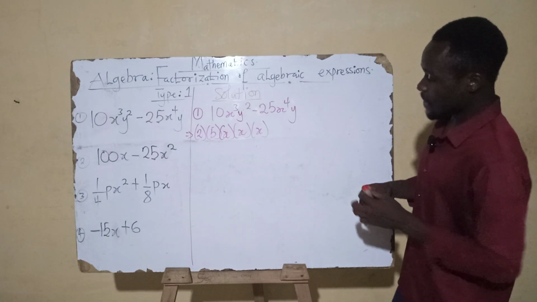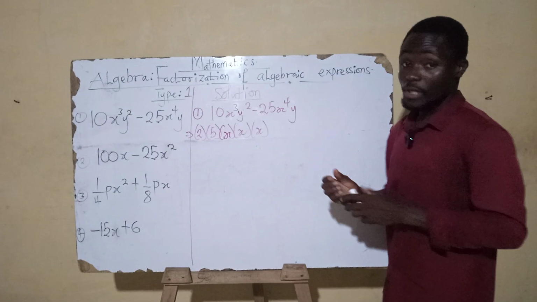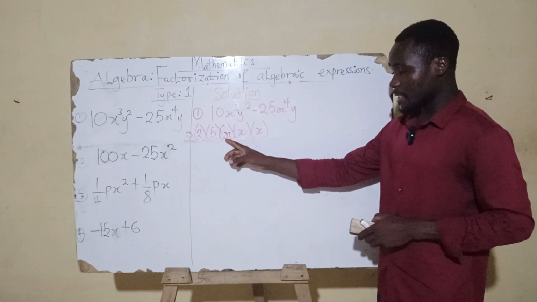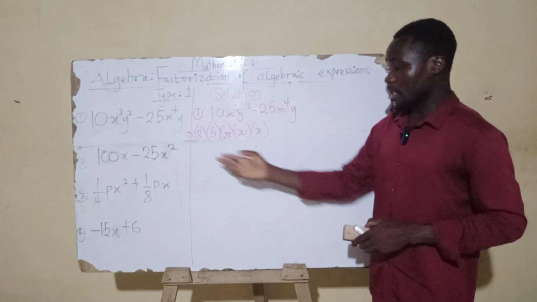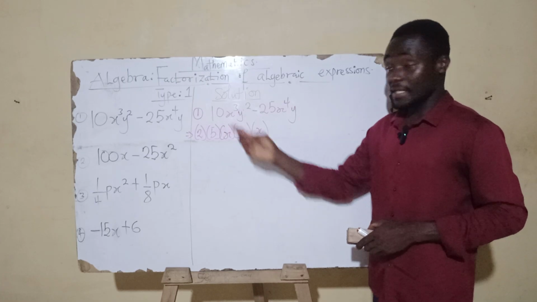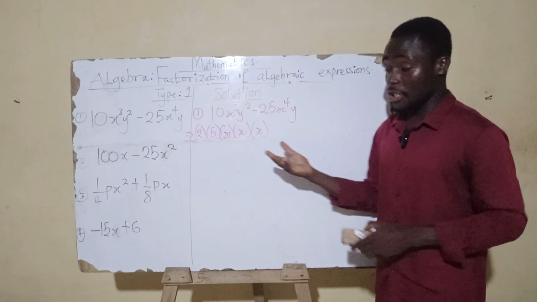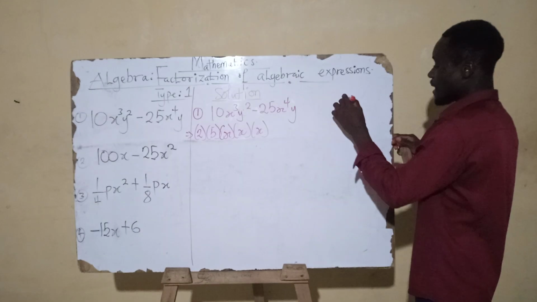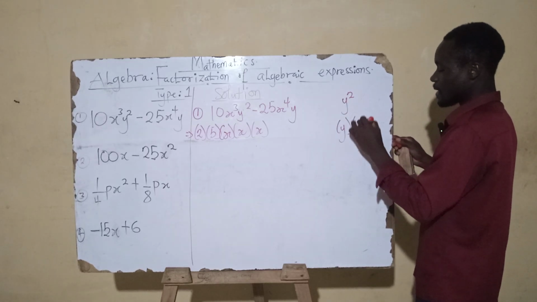Mathematically, when you multiply x by x by x, you get x power 3. In the same manner, when you multiply 2 by 5, you get 10. And the bracket there means multiplication. In the same manner, the y squared can be written as y multiplying another y.